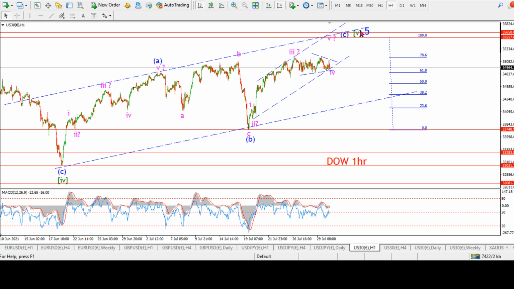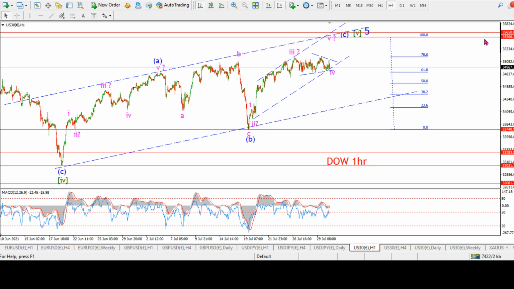Now, we get a relationship here between wave A and wave C within the final wave 5. So we've got an ABC up in wave 5 as an ending diagonal, and we take the wave A length and project it from the wave B low, and that gives us a high projected for wave C at 35,560.